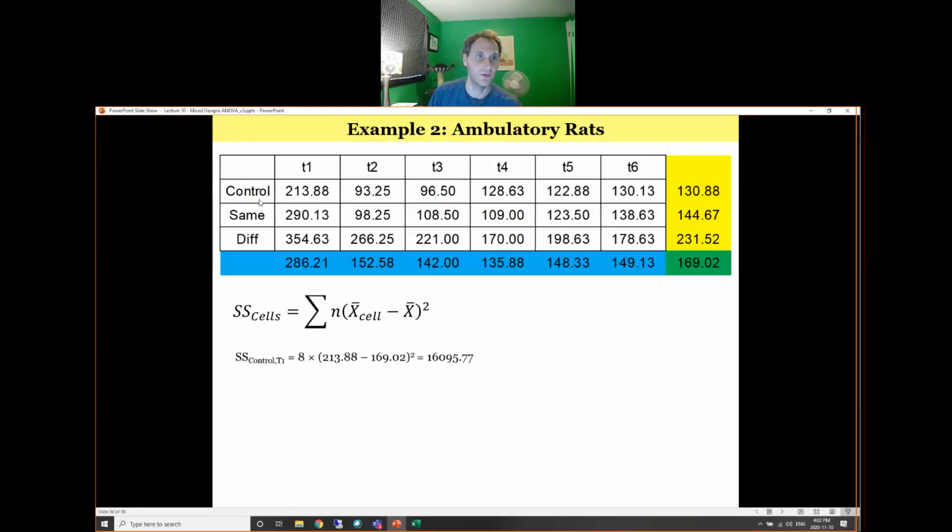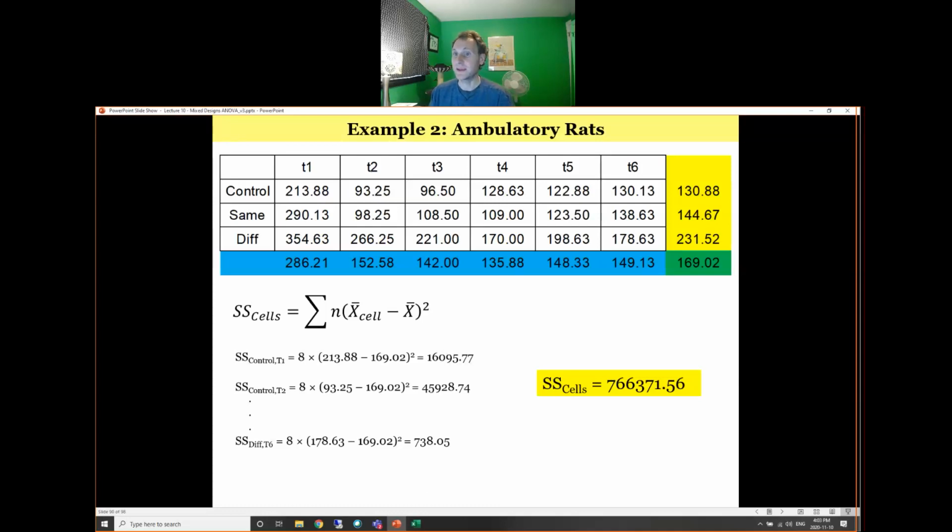For the first cell, the control condition time 1, I have 213.88 minus the grand mean of 169.02, squared, times 8. I can do the same thing for the control time 2 cell, 93.25 minus 169.02 squared times 8, and so on for all my cells until I get to the diff time 6 cell, 178.63 minus the grand mean, squared, times n.